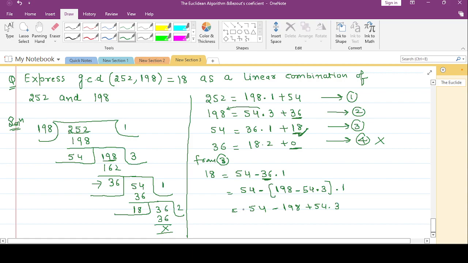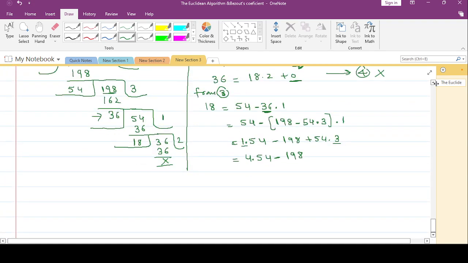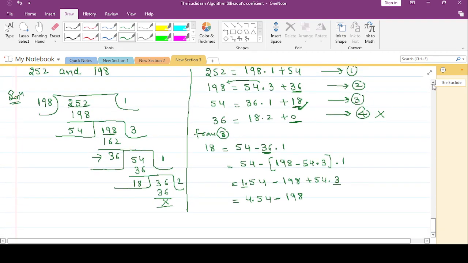Here, what is the coefficient of 54? It is 1. Here it is 3 and here it is 1. So 1 plus 3 is 4. 4 times 54 minus 198. Now what we do is substitute the value of the previous remainder, which is 54.